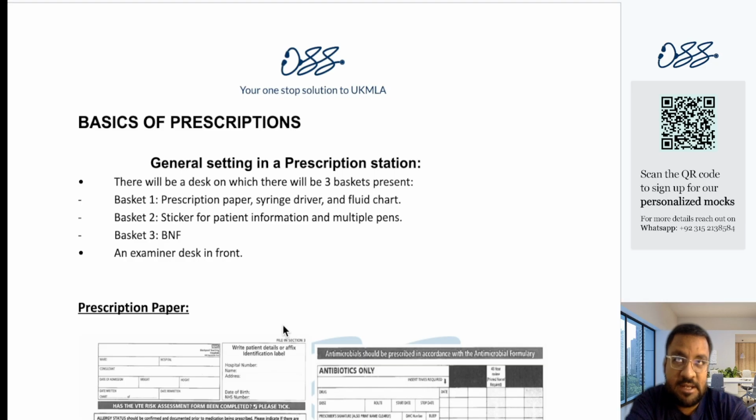I have not seen a lot of people failing on 4 or 5 out of 12. Okay, they fail very badly, either on 0 or 1 out of 12, or they score very high in the prescription station, like 8, 9, 10, and 11. Okay, I've even seen one of the candidates scoring 12 on a prescription station as well. Okay, so it's an all or none rule that I've noted in the results pattern.